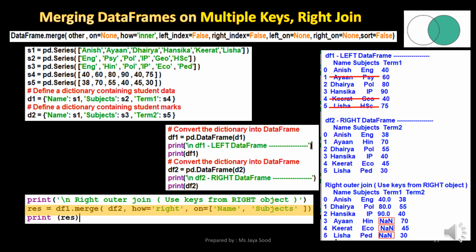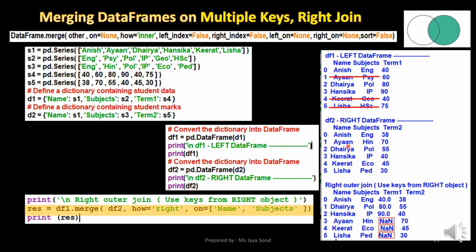Right join on multiple keys using the merge function. The data frame object res is now created by writing the statement df1.merge(df2, how equal to right, on equal to a list of column names: name, subjects). In the right join, only the name-subject combinations from the right data frame will be present in the resultant data frame.